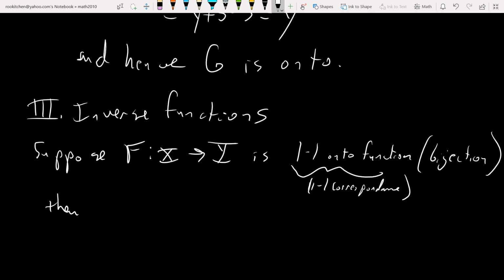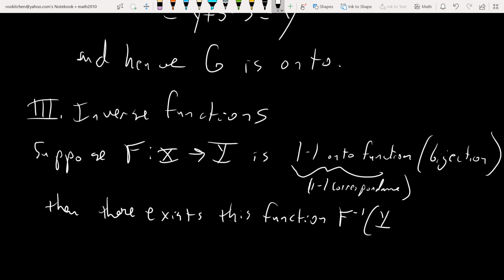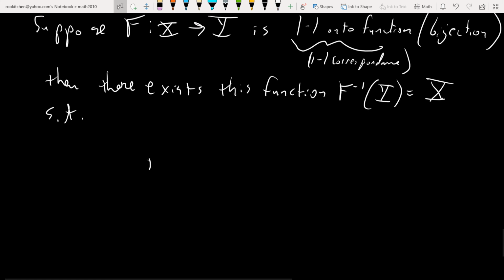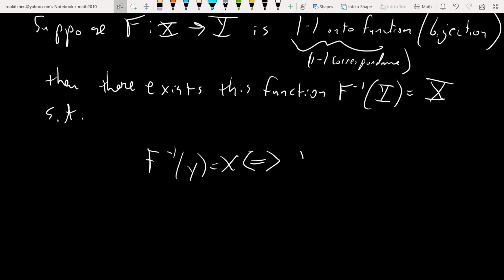Then there will exist this function f inverse of y, which equals x, such that f inverse of y equals x if and only if y equals big F of x.